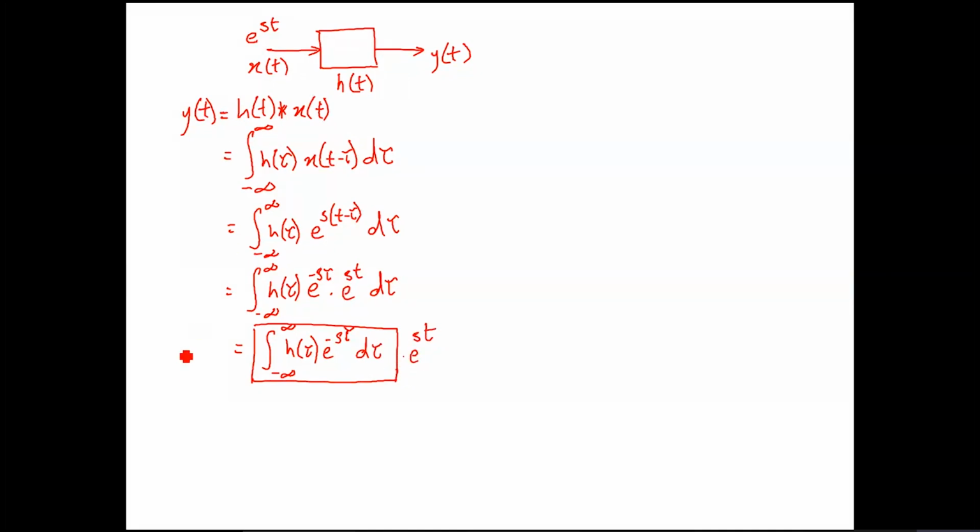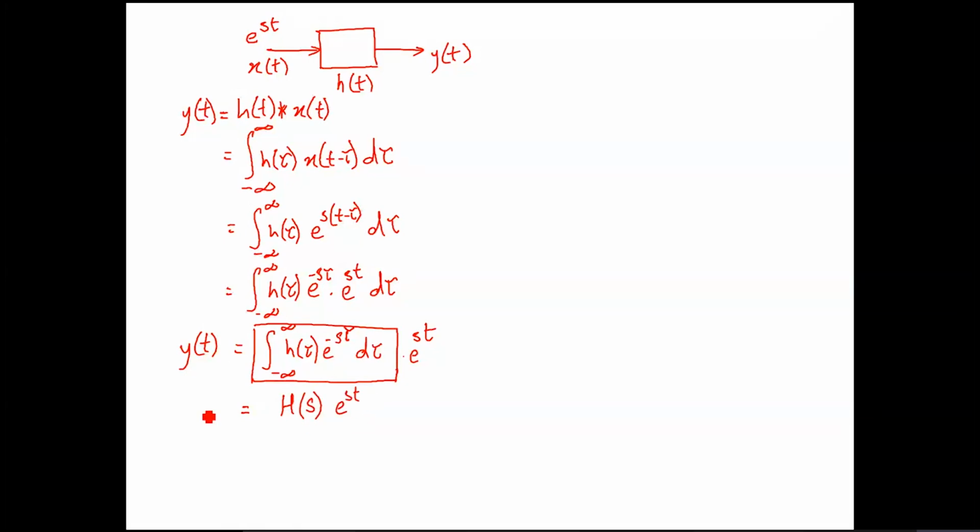So notice what we ended up getting. The input given was e raised to the power of st, and the output that came out was the same e raised to the power of st multiplied by something, and this something has been given a particular name. This is given the symbol H of s.